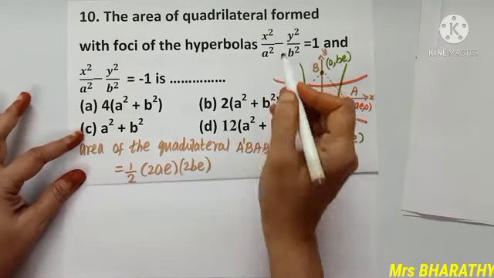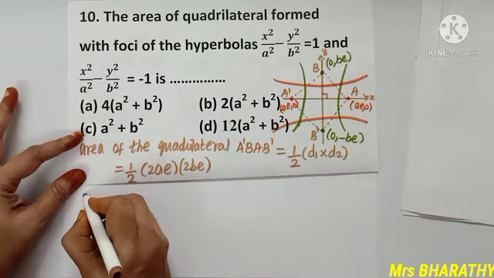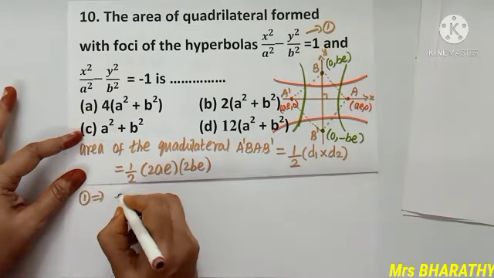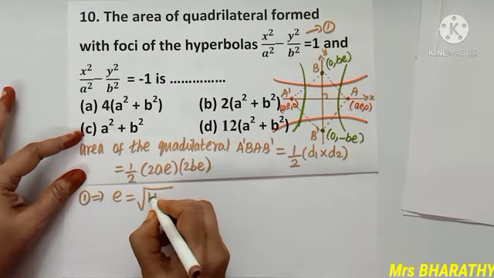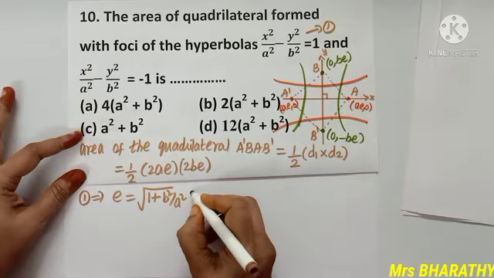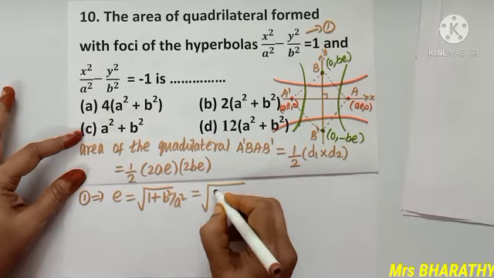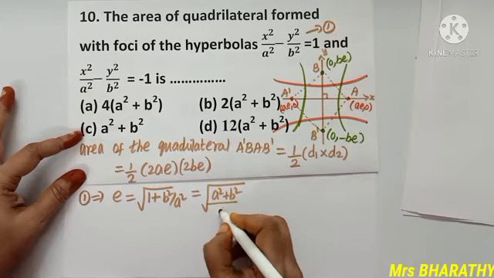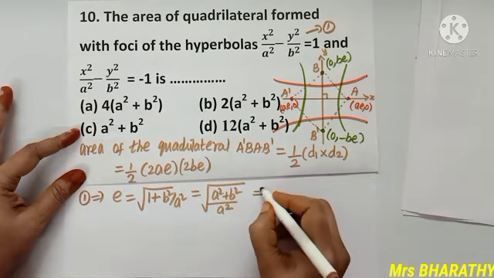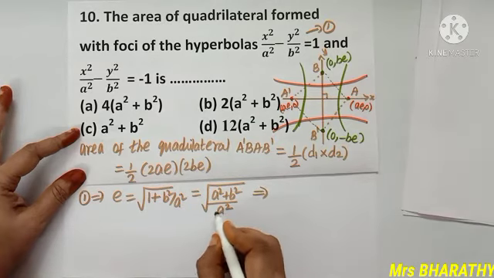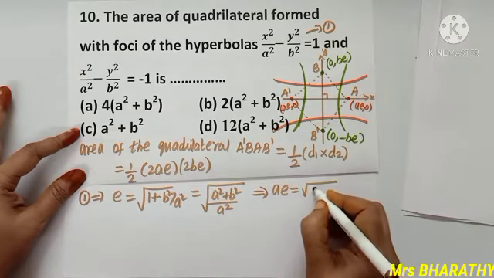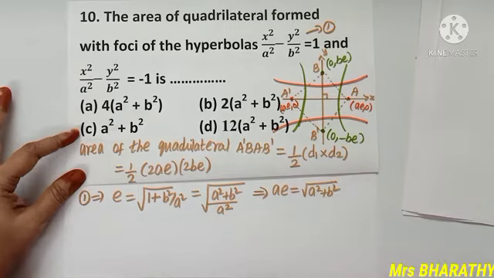For the first hyperbola, we know E equals root of 1 plus B square by A square, or I will say root of A square plus B square by A square. If I cross multiply, A square, square root is A into E. AE equals root of A square plus B square.